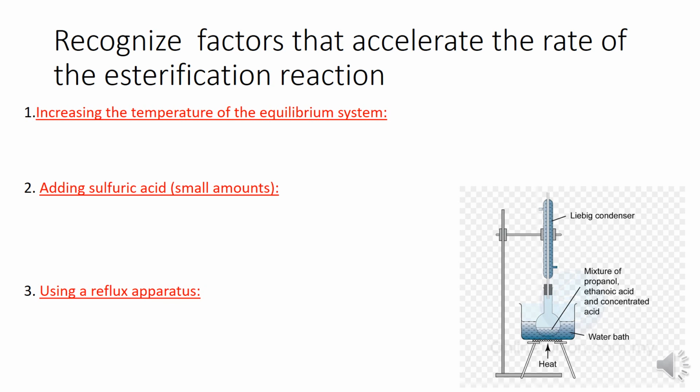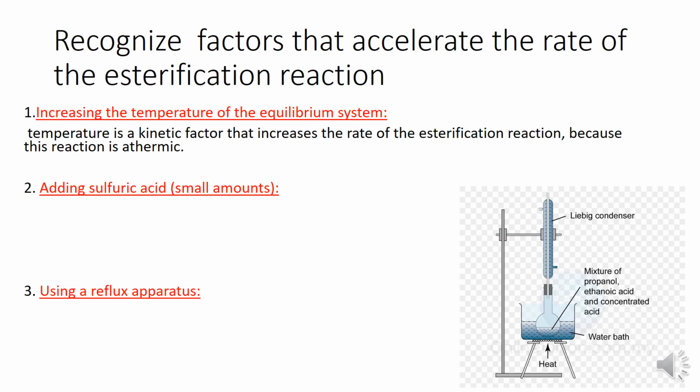Now let's take the first one. The temperature is a kinetic factor that increases the rate of the esterification reaction because this reaction is athermic. It means it neither absorbs heat nor releases heat. In this case, the percentage yield is not affected.